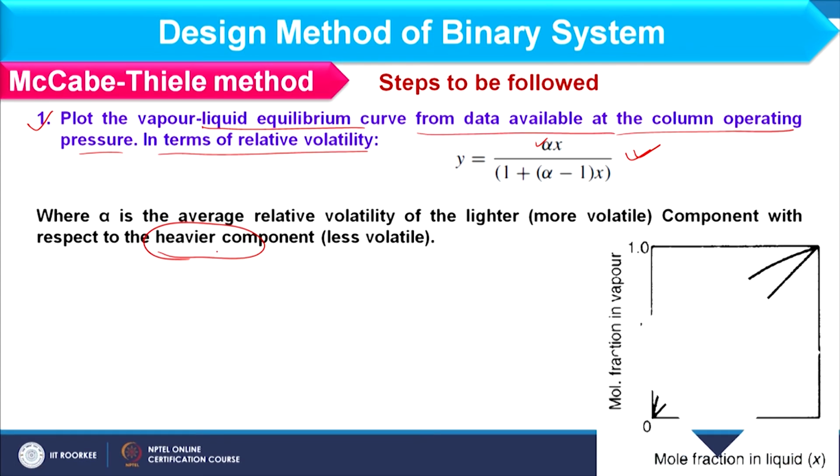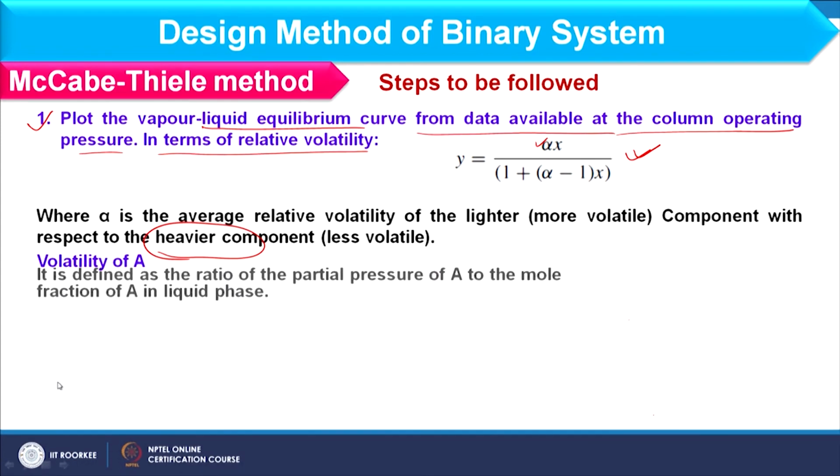Okay. So, you can see here I am having mole fraction in vapor, that is y, as well as x on the x axis, and this is basically the equilibrium line, and plotting these and joining these 2 points will give this line.